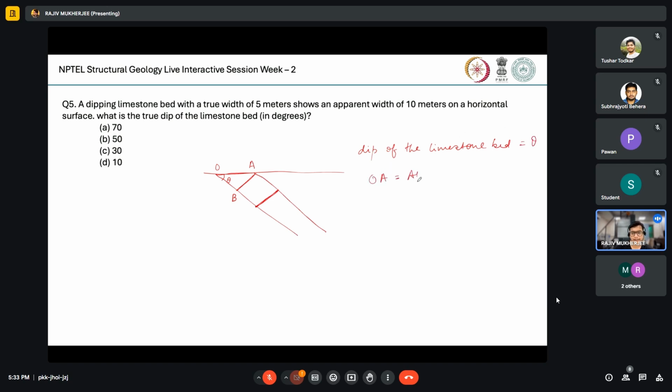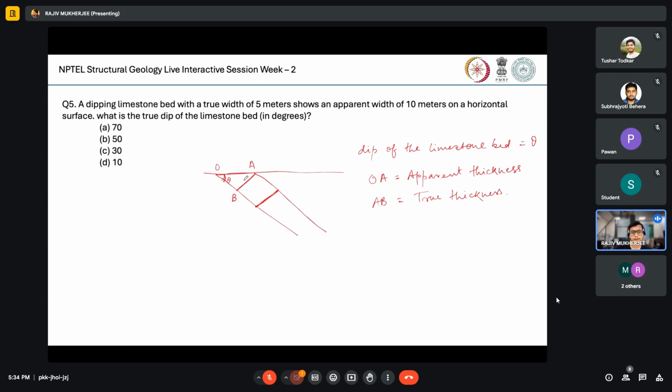OA is the apparent thickness and OB is the true thickness. Then we need to find out the value of theta, right? Sir, I think AB will be the true thickness. Yes, sorry, AB. AB is the true thickness.